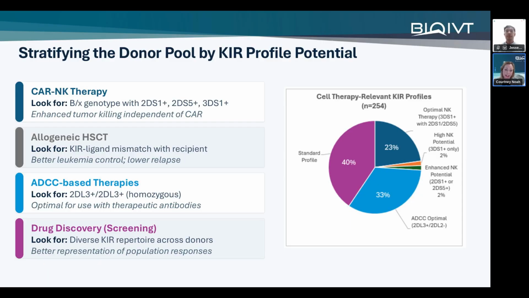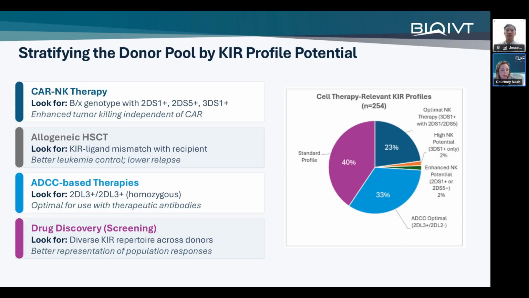In transplant settings, you may look for mismatches that can help improve leukemia control. As I mentioned, with ADCC therapies, they may be looking for specific receptor profiles that improve antibody-mediated killing. And for discovery work, perhaps you want a broader diversity that accurately captures population variation.